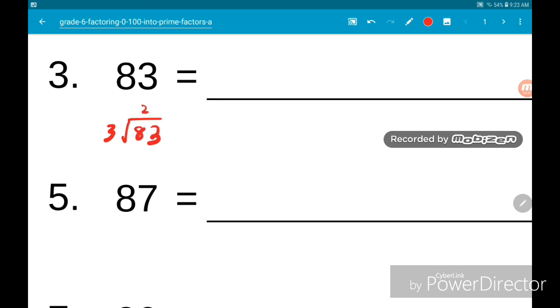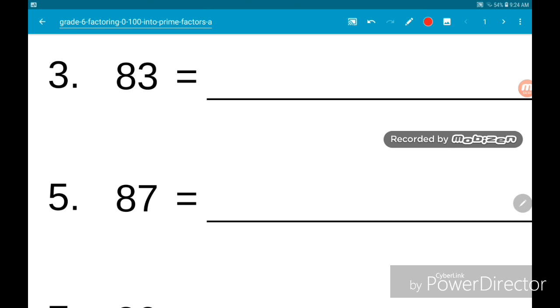3 goes into 8 twice. That's 6. 23. Does 3 go into that? 4. Nope. Does not go evenly. What's another number we can use that's prime? Well, we tried 3. 7 maybe?